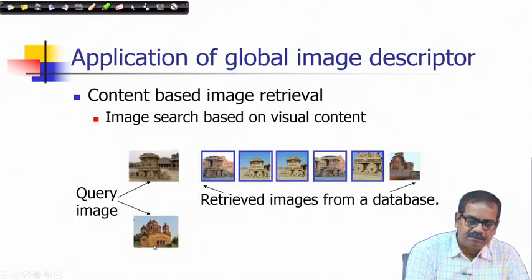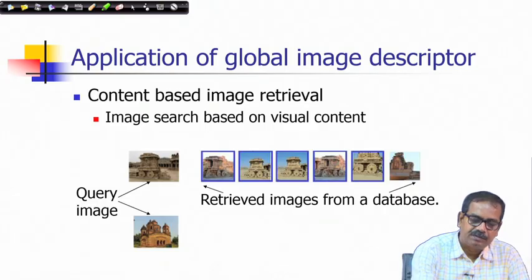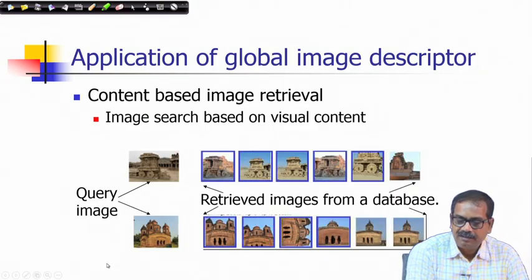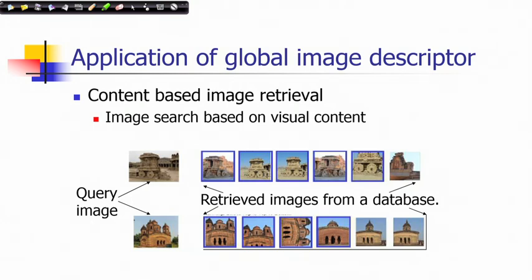This is another example. This is from a place called Bishnupur in West Bengal, and there are terracotta temples which are very famous. This is an image of one such temple, and using our image search technique, we could get this kind of representations.